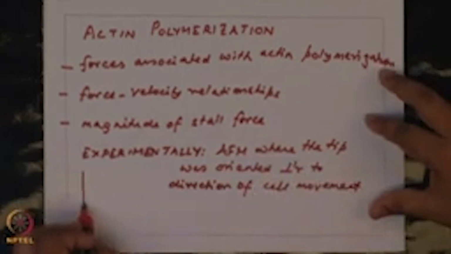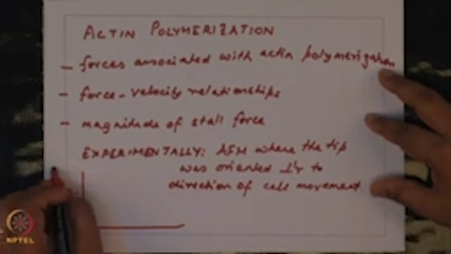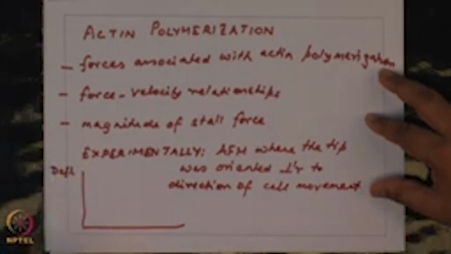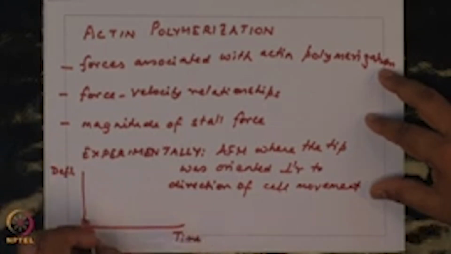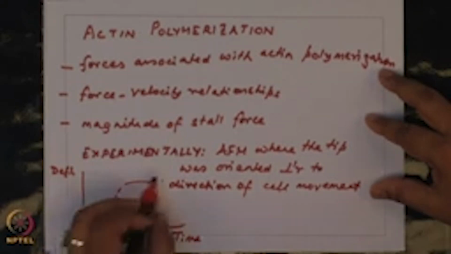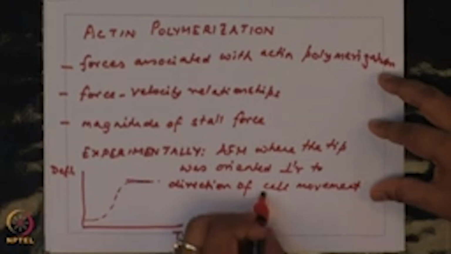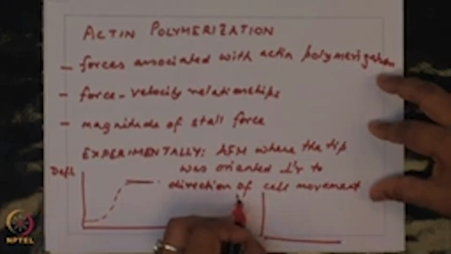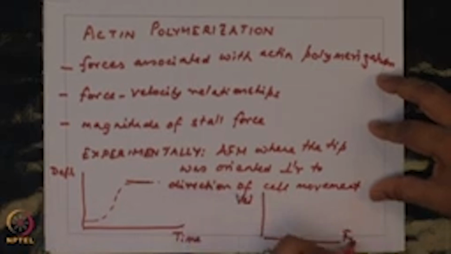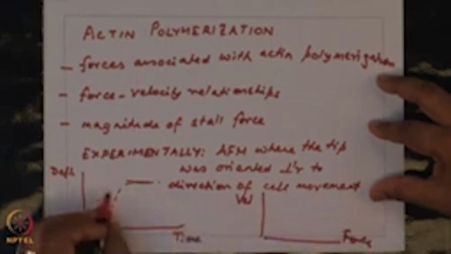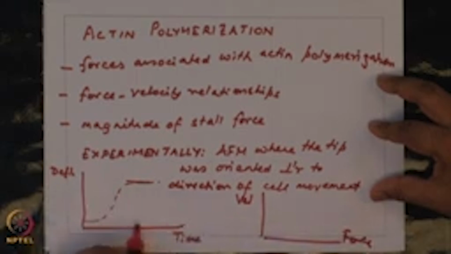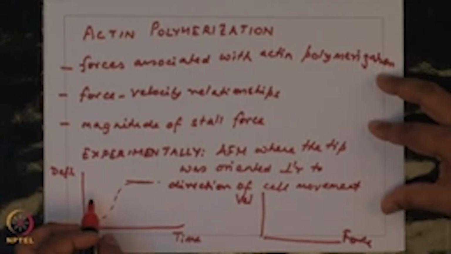And as a consequence you can track the deflection as a function of time, and you would get a deflection profile which is something like this. Okay. And once it plateaus, from this curve you can get the speed or velocity and the force as well. So, velocity is nothing but the slope of this curve and force is k times deflection, okay, where k is the spring constant of the tip.